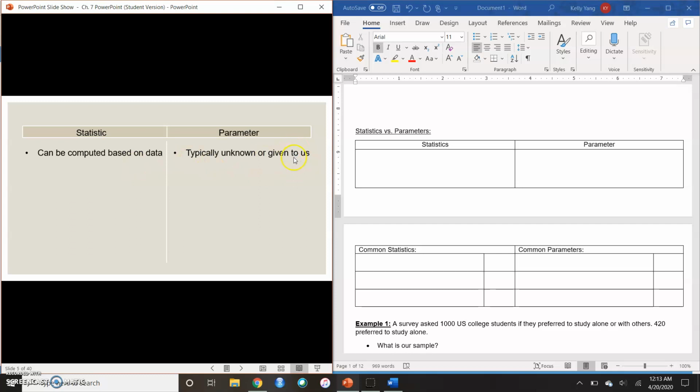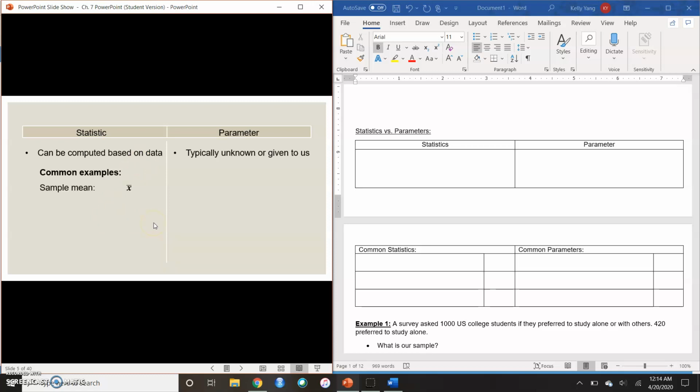The reason why a parameter is unknown is because a parameter describes the population. It's very hard to gather data or information on every single thing, person, or object in a population. And so parameters are usually unknown or given to us, whereas a statistic, we can actually collect data and calculate what the statistic would be.